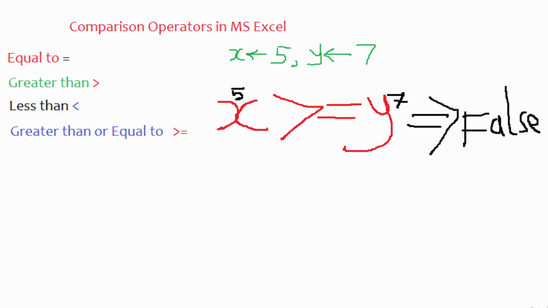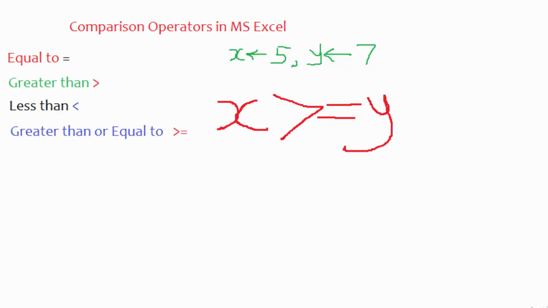Now assume we just change the value of y. We remove this 7 from y, then we give it 5, so that x has 5 and y has 5.